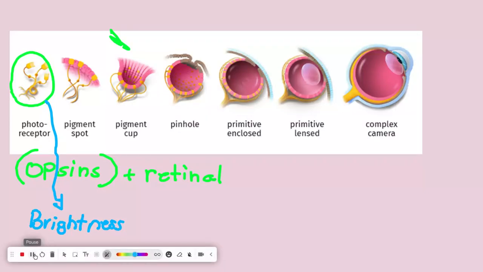All right, let's move on. So again, if you have these photoreceptors and you can detect brightness over time, you can move toward the sun. You can move to that source of brightness and get that energy that you needed.